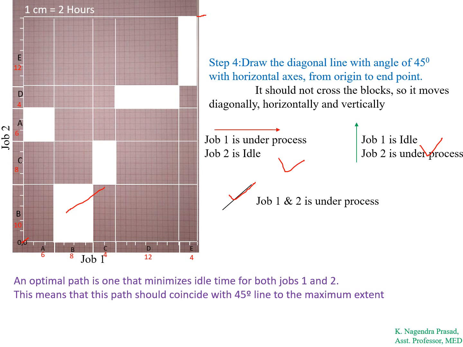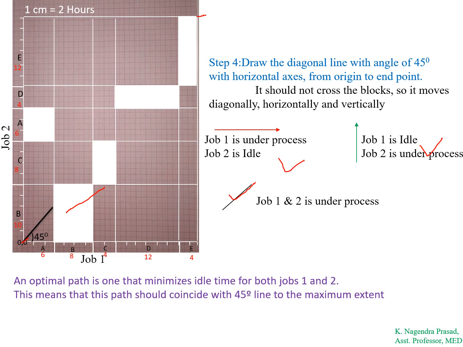So next we have to see how to draw a diagonal line with a 45 degree angle with the horizontal axis. First we have to start from the origin point. So draw a diagonal line. I started with the diagonal line because at the starting point we don't have any blocks.